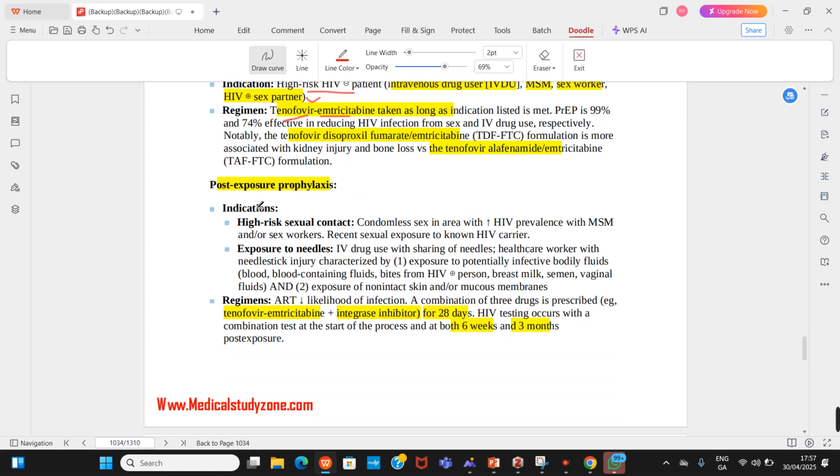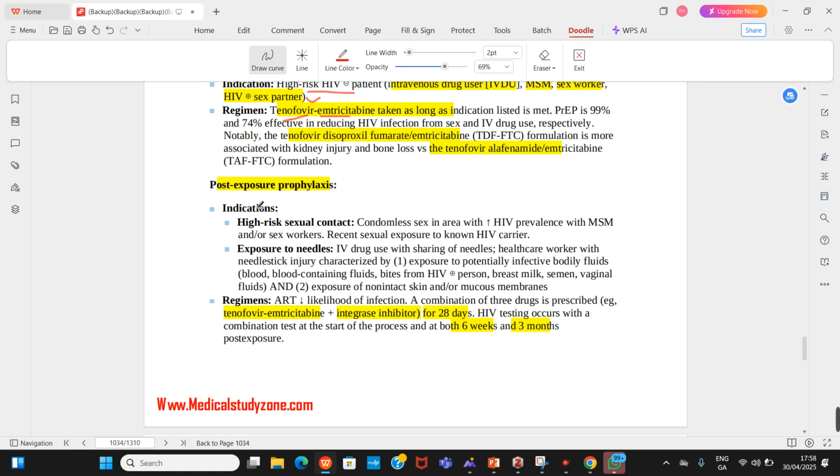For post-exposure, it's not intentional. A splash, or they have condomless sex with somebody that is high risk, maybe a sex worker. The person mistakenly got in contact with blood, breast milk, semen, vaginal fluid, sex toys, and all those things.